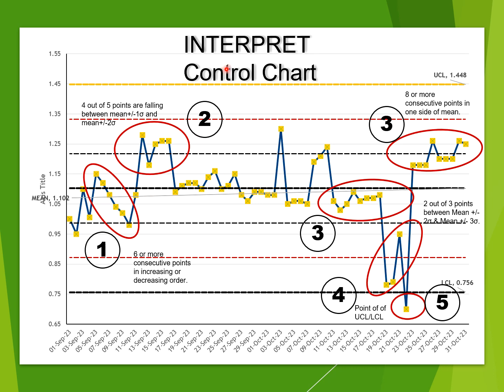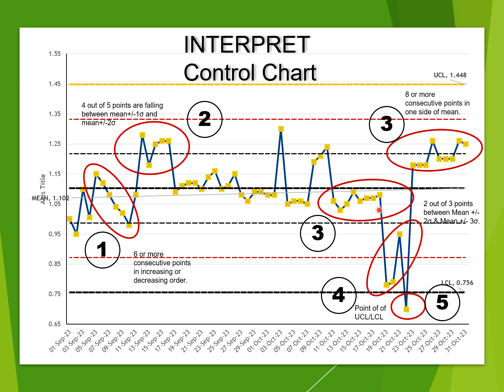And how to interpret the control chart, we have discussed before also: if 6 or more points are in increasing or decreasing order, then this is a point of concern. Again, if 4 out of 5 points are falling between 1 and 2 sigma, then also this is a problem. Similarly, if on one side of the mean there are 8 or more consecutive points, then it's a problem.